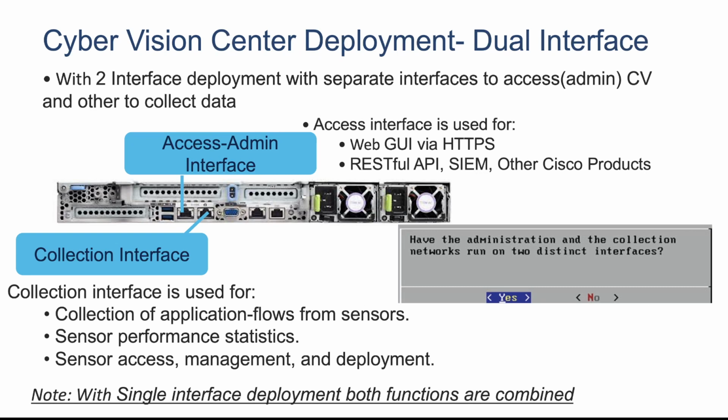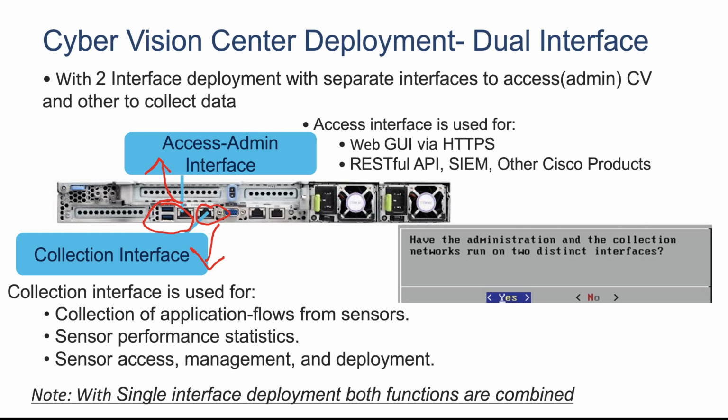Let's look at how CyberVision is normally placed. When the center is located in the IDMZ zone or OT domain, dual interfaces are preferred. In this case we can have two Ethernet interfaces. This is Ethernet interface one. It goes purely to your OT network, that is your collector information, and the other interface goes to your administration or outside zone where we can connect using the GUI.